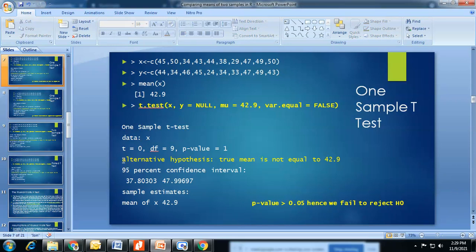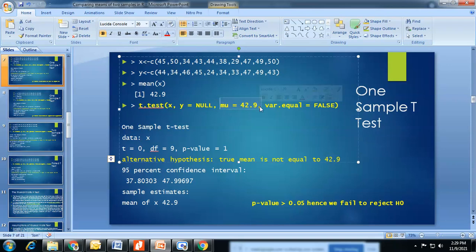The alternate hypothesis is that the true mean is not equal to 42.9. We are comparing the mean through the t-test. The null hypothesis states that the true mean is equal to 42.9.